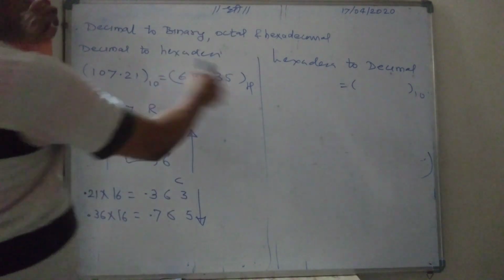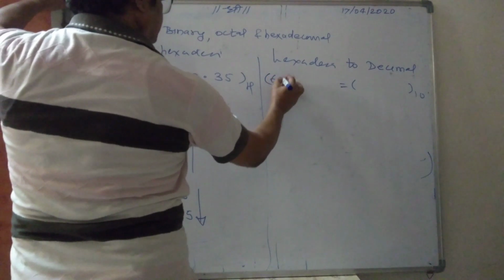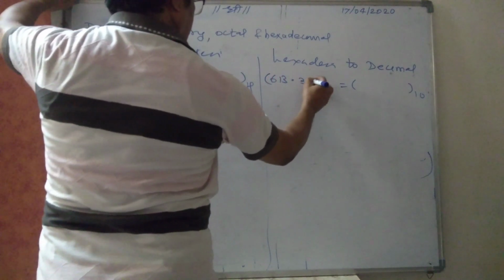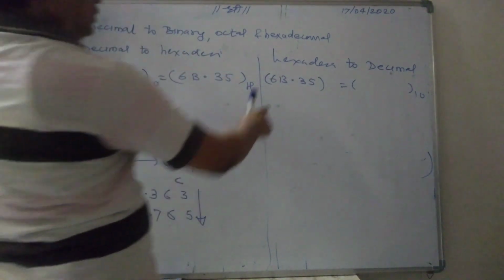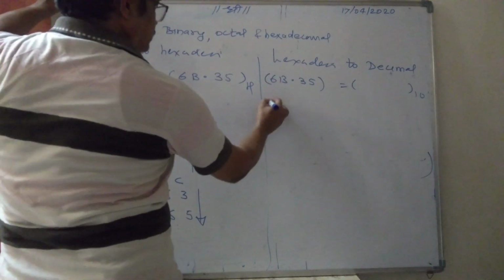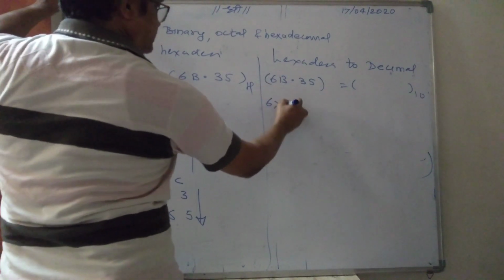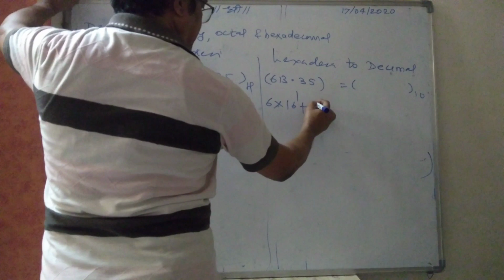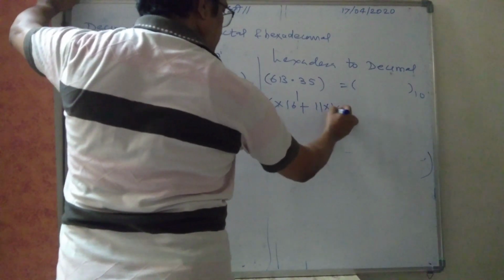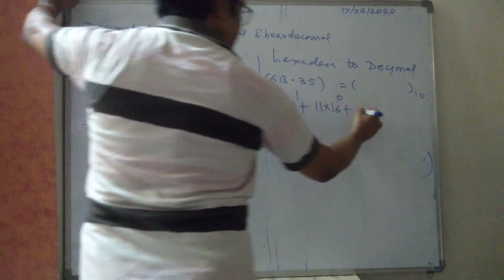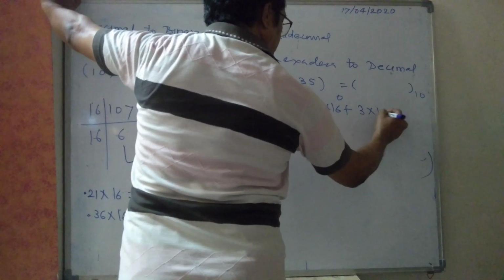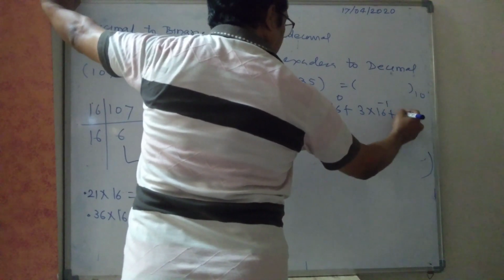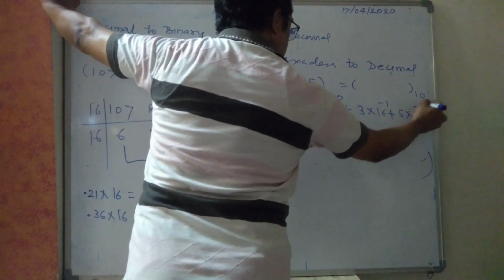Now we will convert this hexadecimal number into decimal. There are 2 digits before the point, so 6 into 16 raised to 1, plus B means 11 into 16 raised to 0, plus 3 into 16 raised to minus 1, plus 5 into 16 raised to minus 2.